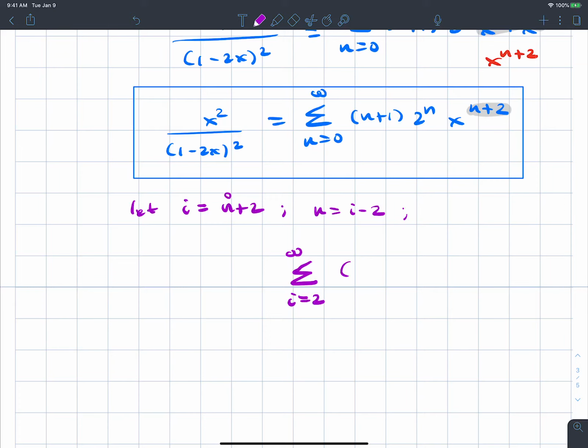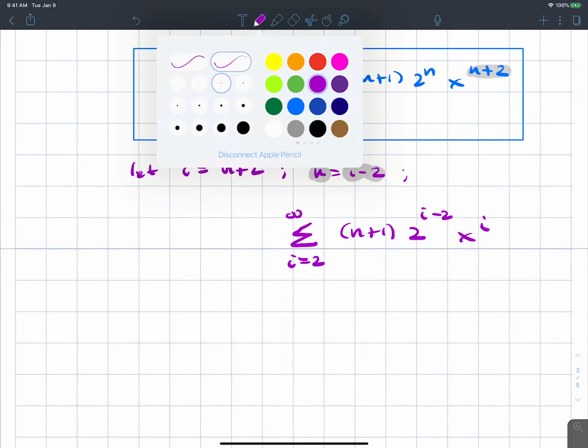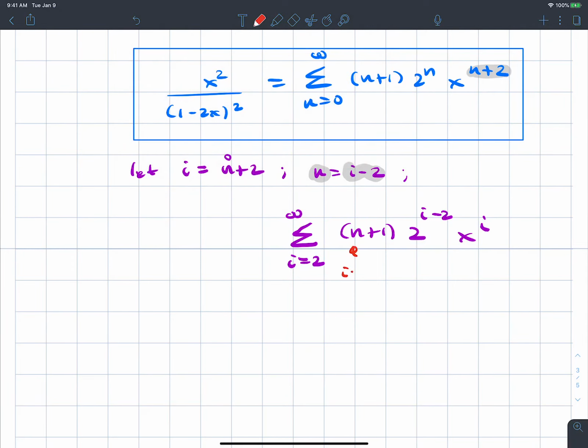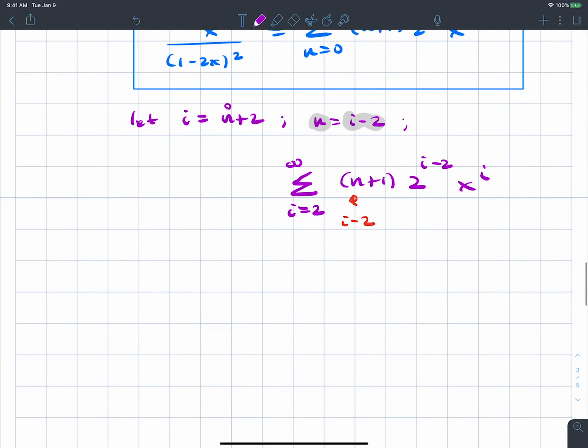And now you have n plus 1, 2 to the i minus 2, x to the i. But don't forget that n is i minus 2. So right in here, I'm going to use this relationship for n. So you can say i minus 2 here, which really means you have the summation for i is 2 to infinity.